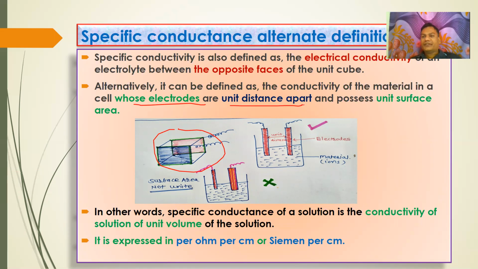That means the distance is fixed between the two electrodes and they possess unit surface area. म्हणजे त्या इलेक्ट्रोडचा जो सरफेस एरिया आहे तो युनिटी असला पाहिजे, एरिया ऑफ क्रॉस सेक्शन, आणि त्याच्या दोघांमधलं जे डिस्टन्स आहे ते डिस्टन्स सुद्धा युनिटी असलं पाहिजे किंवा फिक्स असलं पाहिजे. तुम्ही त्यासाठी या पुढच्या डायग्राम मध्ये बघू शकता.